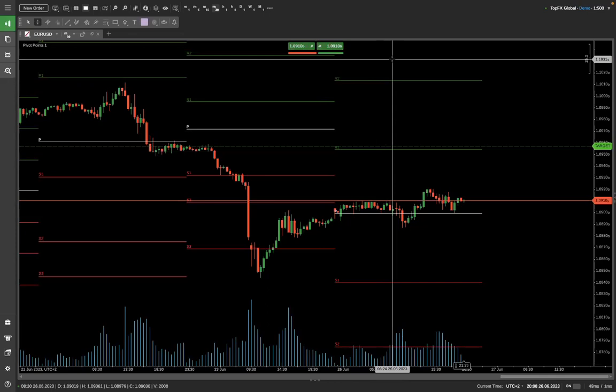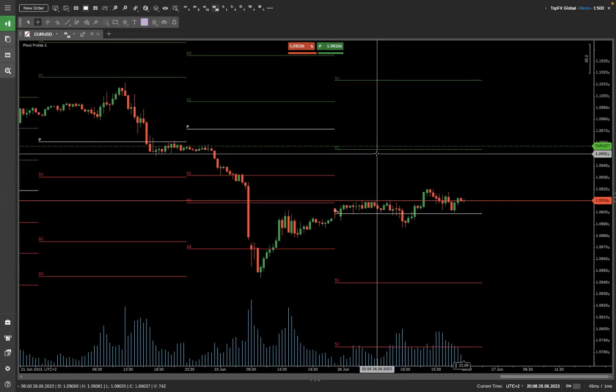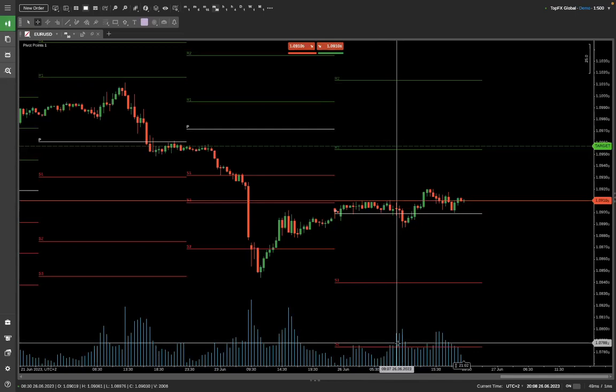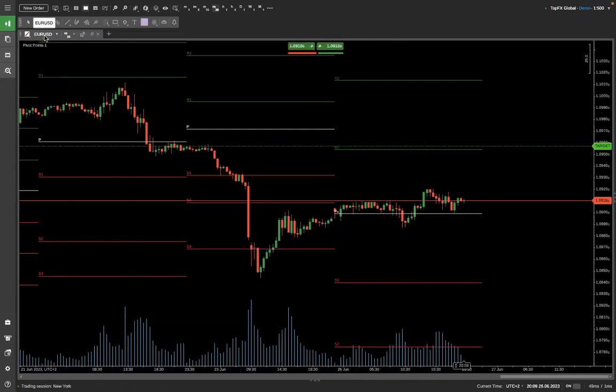It doesn't matter what market you trade, the pivot points are calculated the same way every time. They take high, low, and close, and then calculate the possible resistance or possible support in the future on a certain market. In our situation, this is the euro dollar.